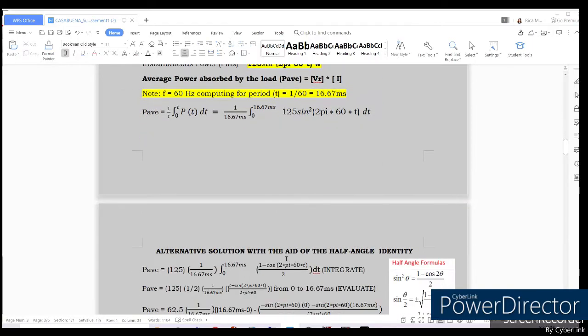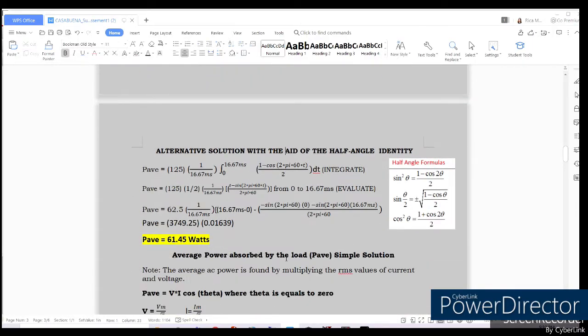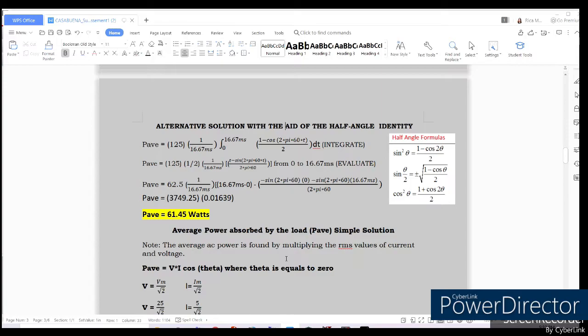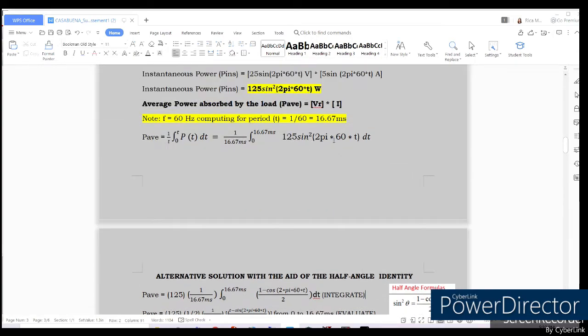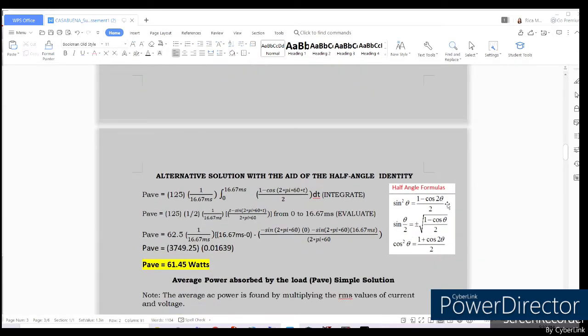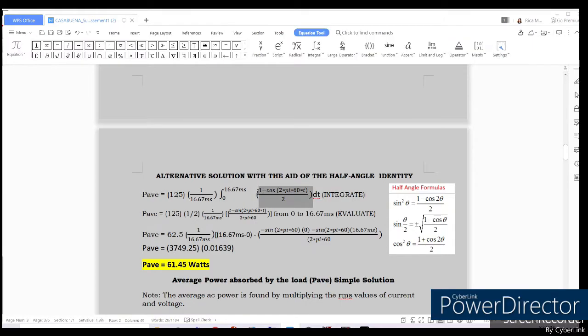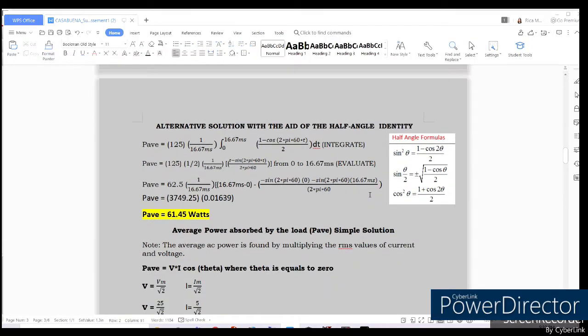If you still remember the trigonometric identities from our basic calculus subject, using the half angle identity, we will be able to integrate the equation. Sine squared theta is equal to 1 minus cosine 2 theta over 2. Then we integrate from 0 to 16.67 ms, which is its definite integral.